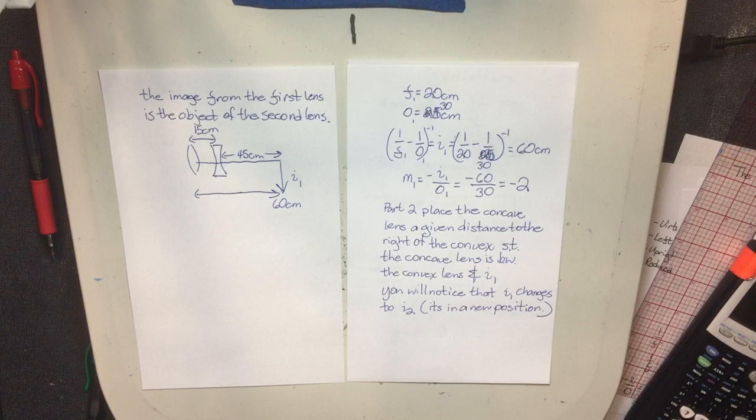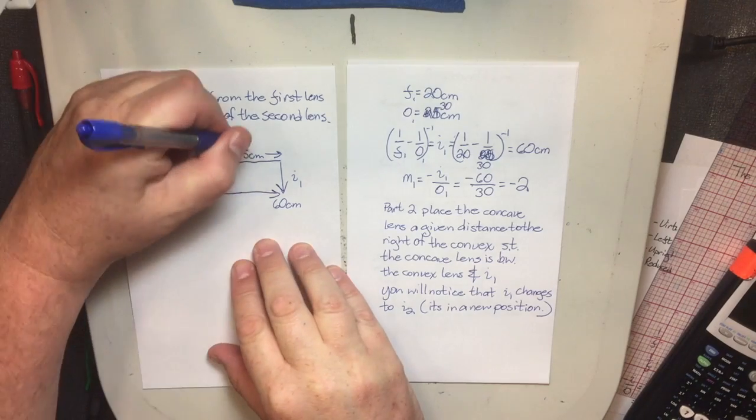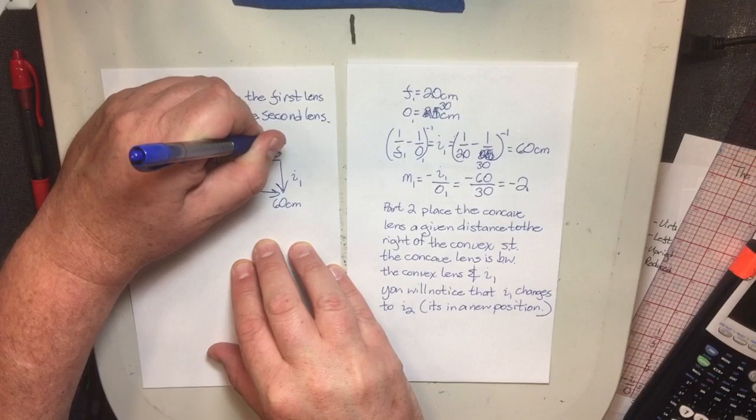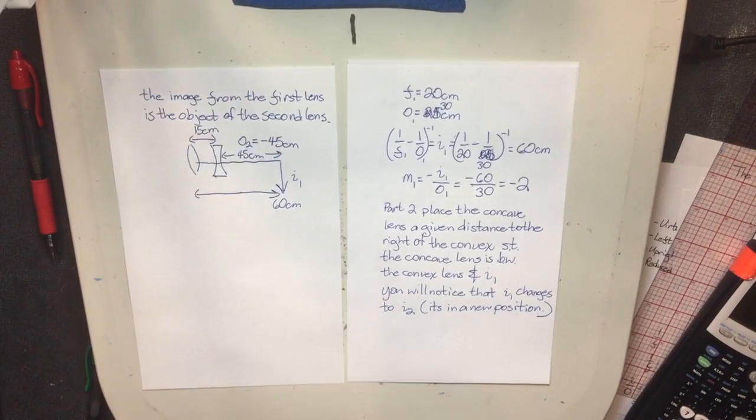What you do is you treat I1 as O2. So O2 is equal to negative 45 centimeters. Remember when we were talking about mirrors, that you cannot have an object behind the mirror.